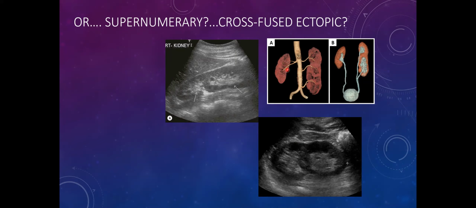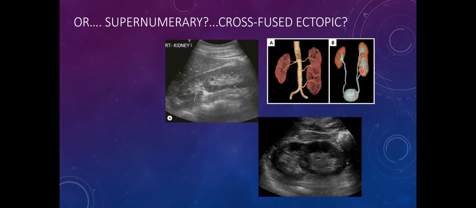Awesome view here of, well, let's see. On this side, we actually have a common trunk, but two renal arteries on the right. On the left, on this supernumerary kidney, we have two collecting systems, but it's not a normal kidney with two collecting systems. It's actually two kidneys, each with its own collecting system.